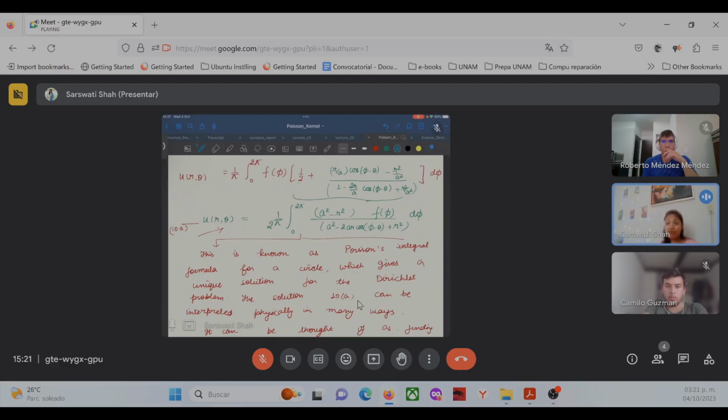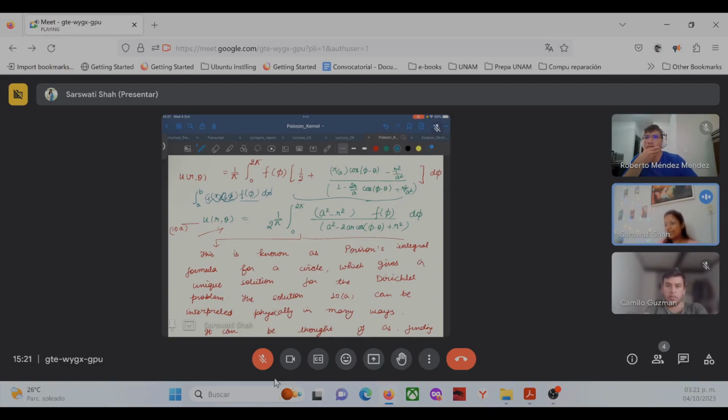Now when we write the closed form solution, we can see this kind of integral from a to b with a function phi, and this is a function of two variables, d phi, x comma phi. This function is known to you because this is the boundary condition, is it not?